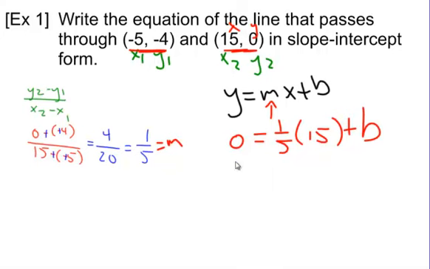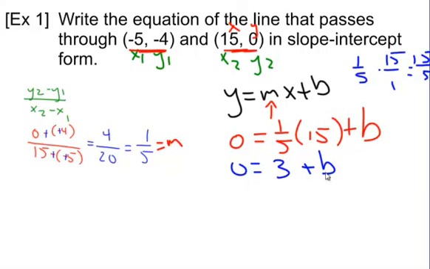Okay, so 0, right? 1/5 times 15 over 1 is 15 over 5. 15 divided by 5 is 3. So I'm still not solved for b, right? So I need to get this 3 over there by subtracting. So my b is actually -3. So now it's kind of going in reverse.